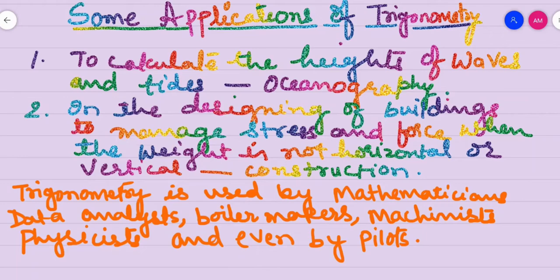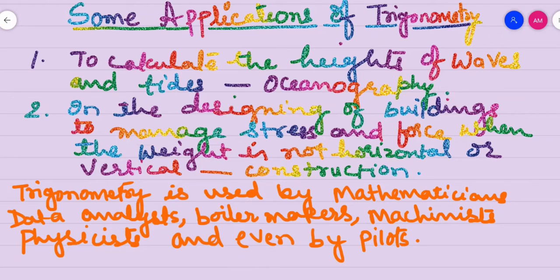Now, see, these basic concepts in trigonometry can help us to measure the height of a building or a mountain if we know the distance from where we are observing and at what distance we are standing from that particular building or mountain. It can be used to calculate the height of waves and tides in oceanography.